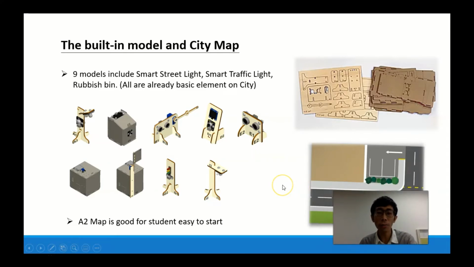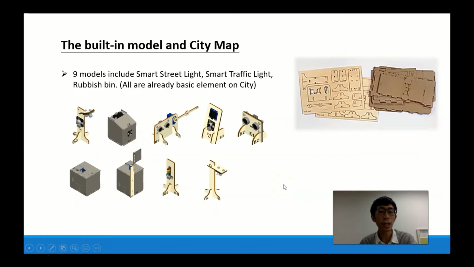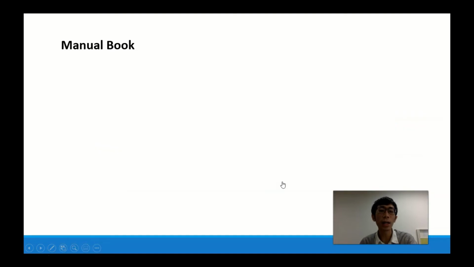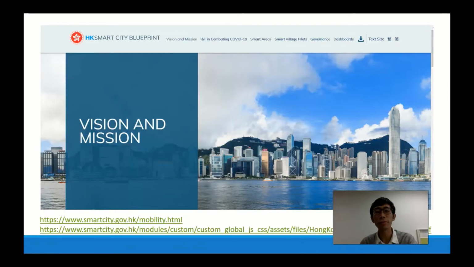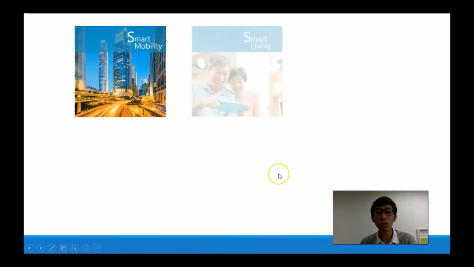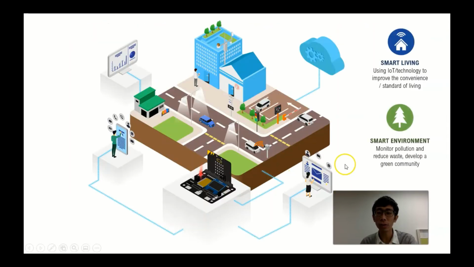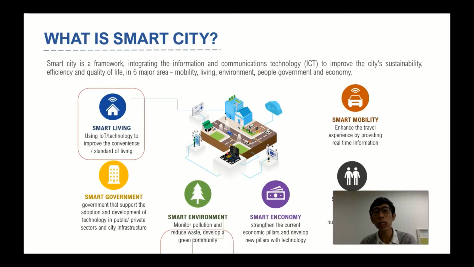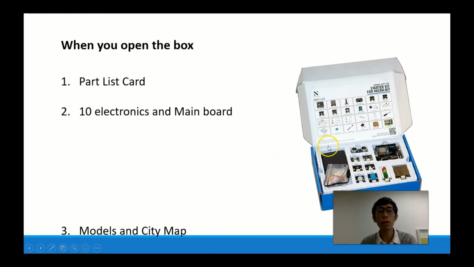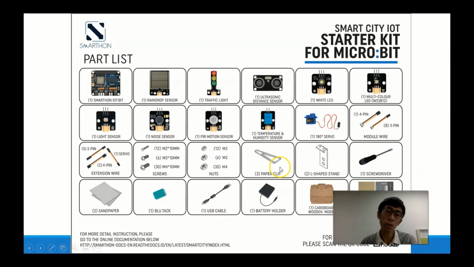So I hope that in this introduction part I can quickly let you know, let's recap what it focuses on, what the kit set allows students to play with. For example, these 3 areas, we focus on smart city. After you unbox the box, you know there are parts, this card and different things.